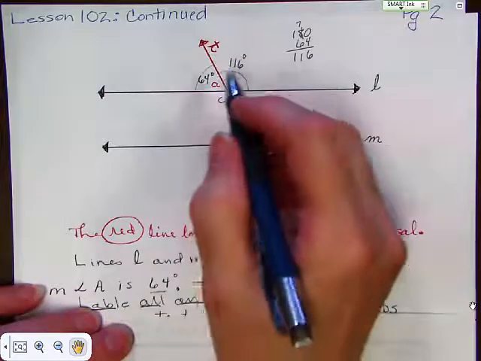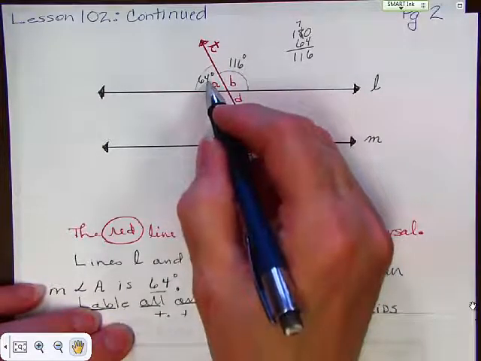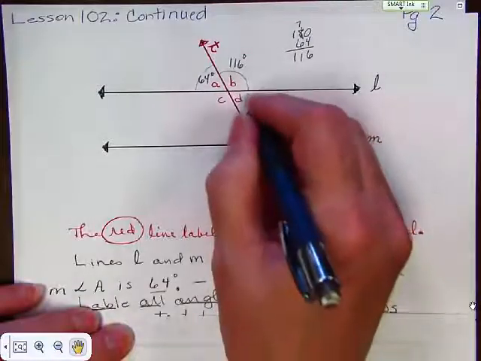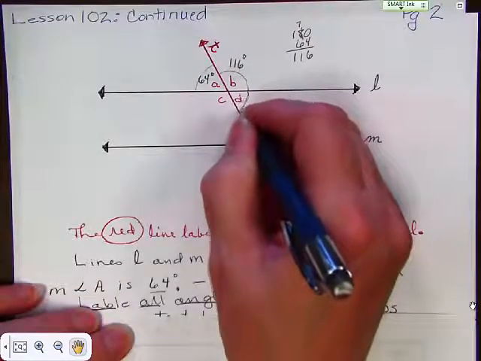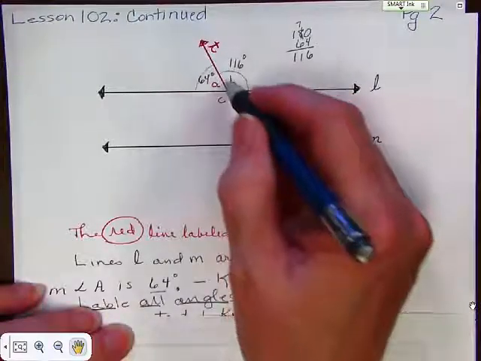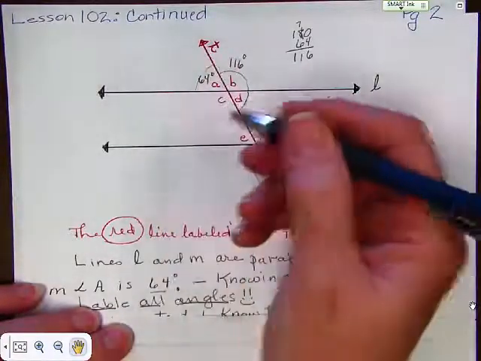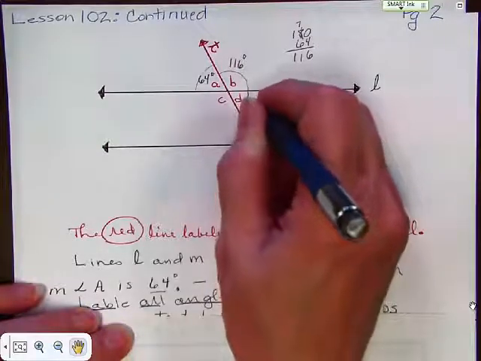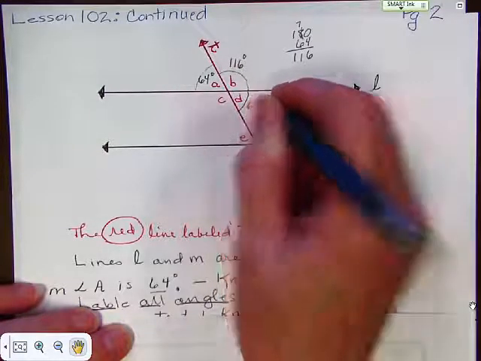So if this angle is 64, then this angle over here is its opposite friend. And 116 plus what makes this straight angle? There are 2 ways to tell what this angle is, but it is also 64 degrees.